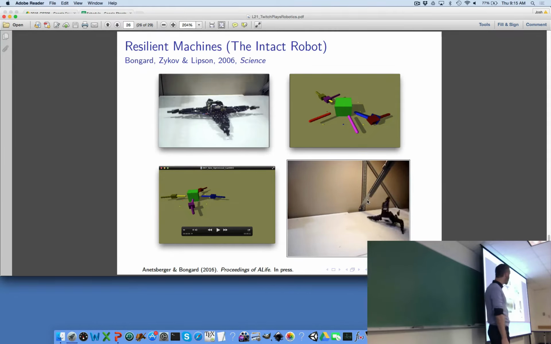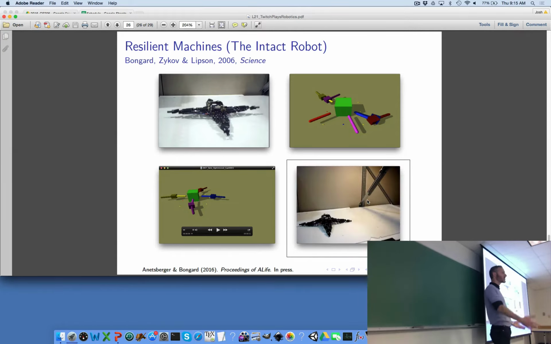It maximizes the fitness function, getting from the left side of the table to the right side of the table, but definitely not in the way we were expecting it to do it, right? This was quite surprising. Surprising, not dangerous in this case, because the robot wasn't interacting with anyone, but it's important, right? It shows that, at least as a roboticist, my experience has been that perverse instantiation is pretty ubiquitous.